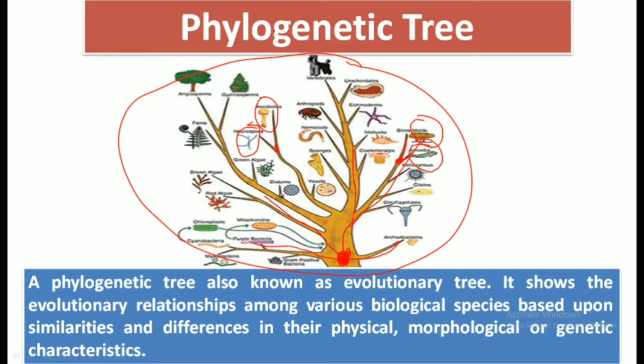So here you can see the branching pattern. These two species are distantly related because they don't have a recent common ancestor. Here the common ancestor joins somewhere here, and here also it joins somewhere out here, so it is much more distantly related.